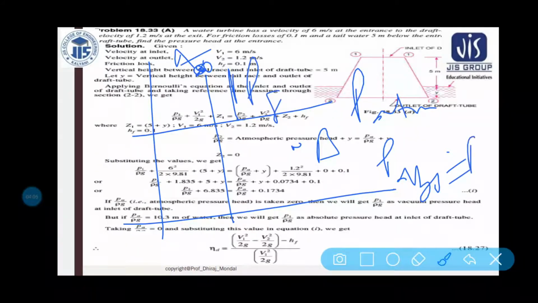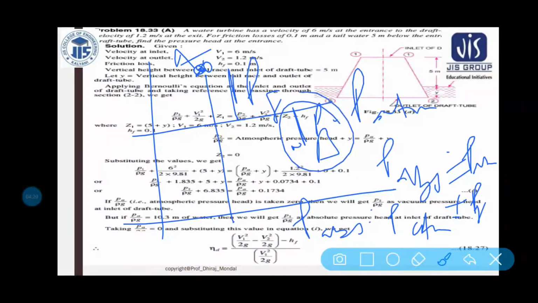So it is equal to atmospheric pressure plus gauge pressure. Or if it is vacuum pressure PV, then we can write P absolute is equal to P atmospheric minus P vacuum pressure. Clear? So that is the relation between the absolute pressure, vacuum pressure and atmospheric pressure.